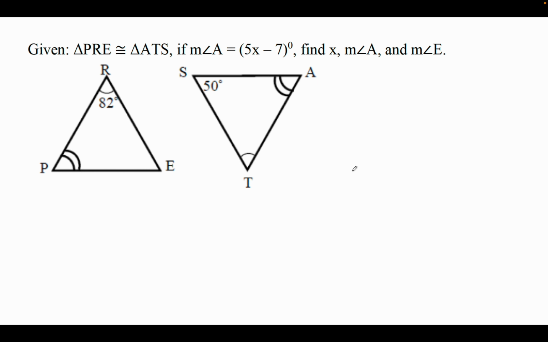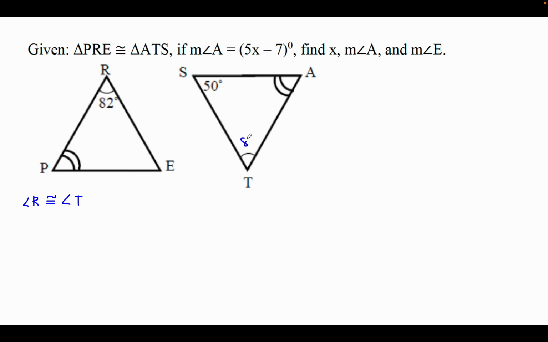Okay? Observe the markings. So angle R, let's start first with the given. Angle R corresponds to angle T here. Therefore, angle R is congruent to angle T. So if angle R is congruent to angle T, that means angle R is 82 degrees.